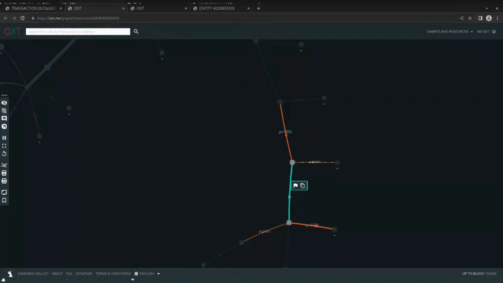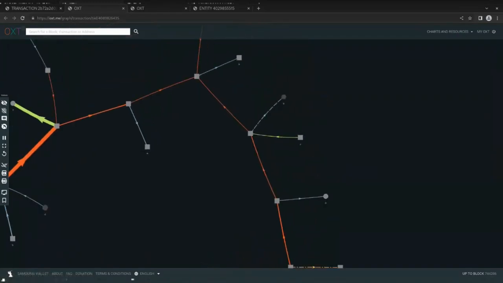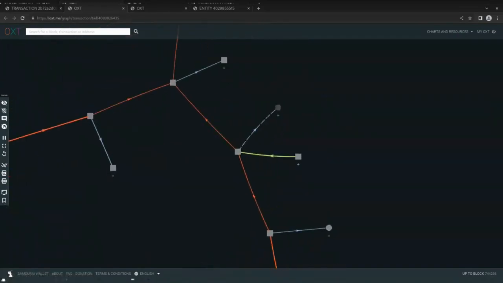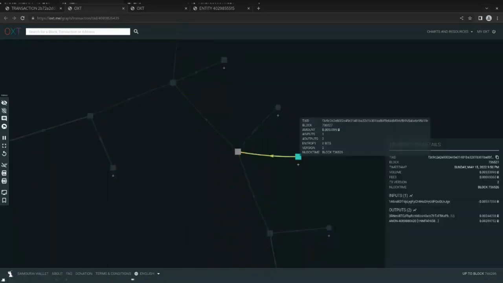Need to highlight these outputs. And we're back to another single P2PKH input in version 2 and block height transaction to take a look at. Toggle this back off.